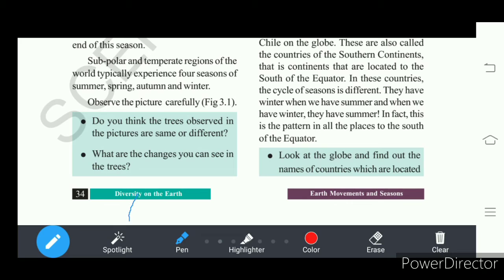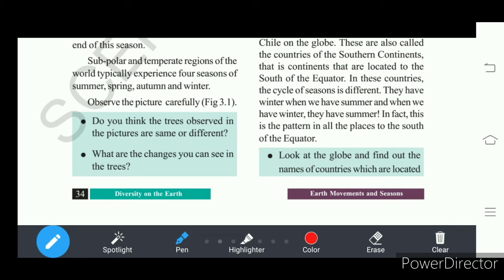These seasons are experienced very little in some places. There is a lot of change in India and other regions. It means that throughout the world there will be differences, right?